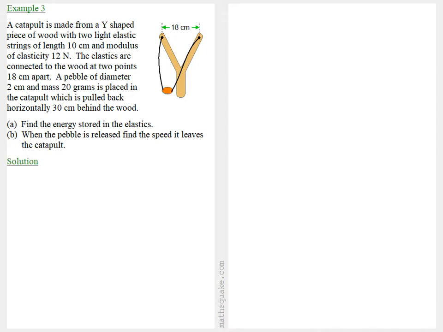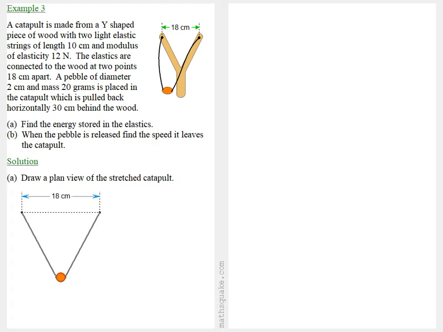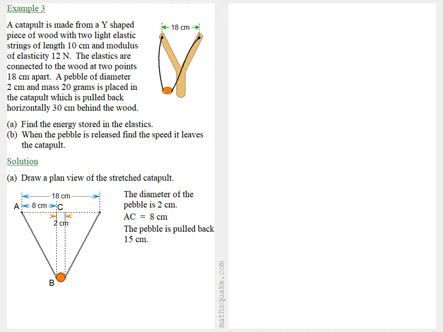Well, to solve this, first of all, draw a plan view of the stretched catapult. Now the diameter of the pebble is 2 centimeters. This gives us that AC is 8 centimeters. The pebble is pulled back 15 centimeters, so we can work out the length of the stretched elastic. Now to do that, we can use Pythagoras' theorem.